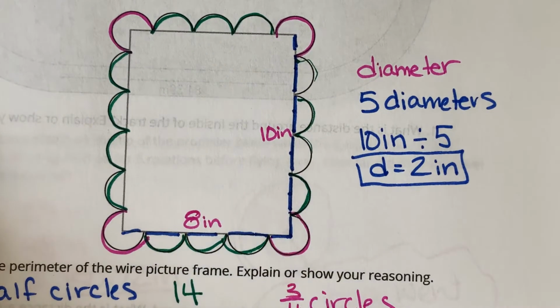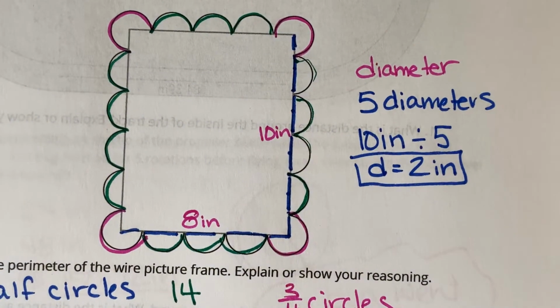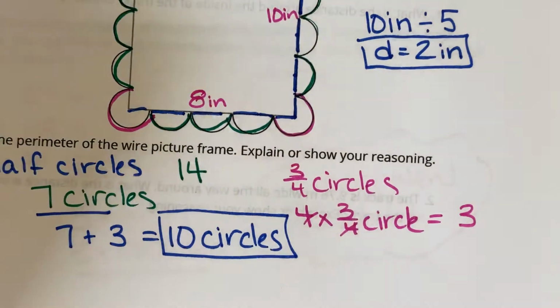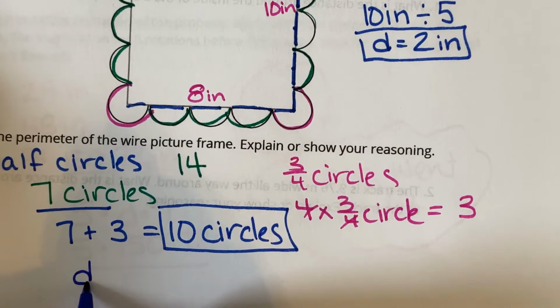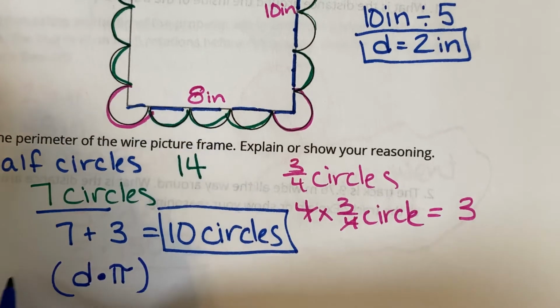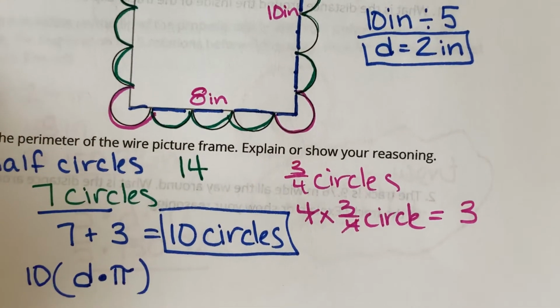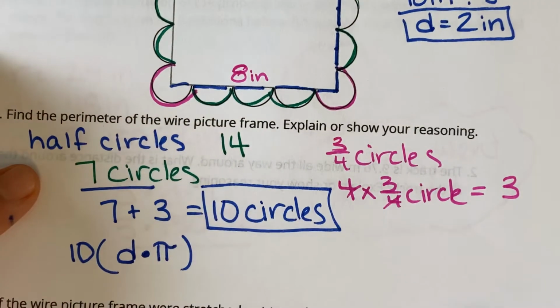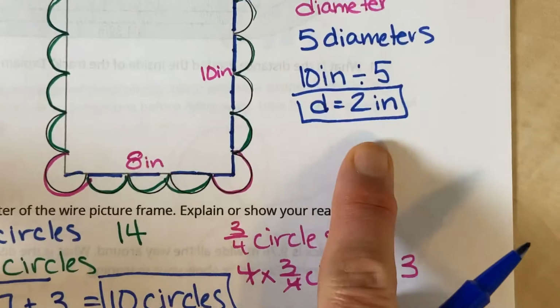So I need to know, because it's kind of on the outside, the circumference of 10 circles. How do I find circumference? Diameter times pi, and I need 10 of them. We've already figured out the diameter, which was 2 inches. We did that up here.